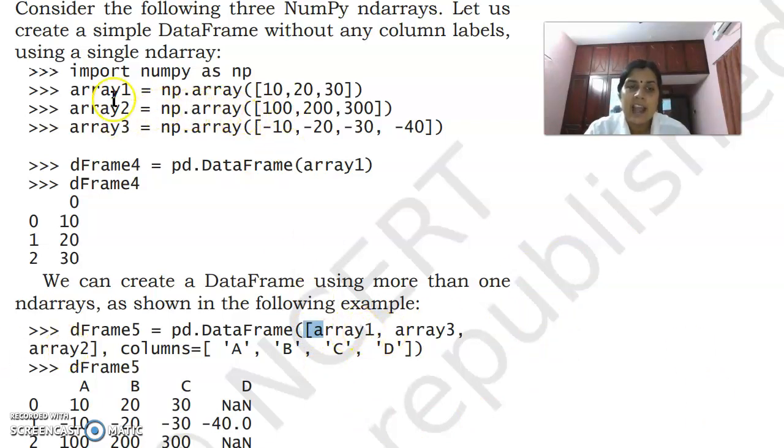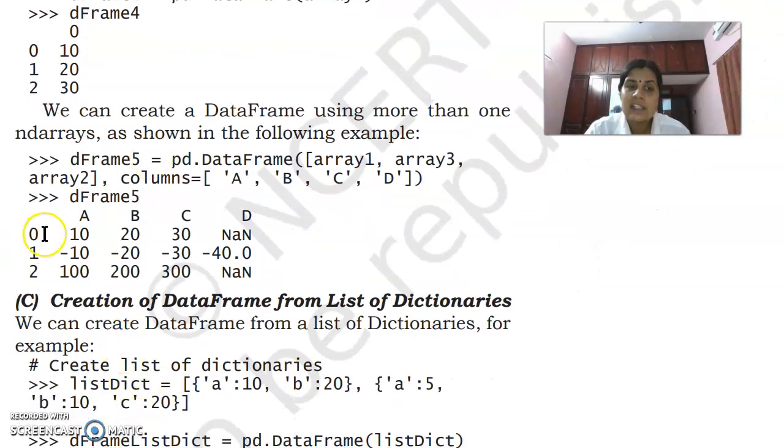Here there are three arrays, array1, array2, array3. So these three arrays are used and we can give the column names also. We will not say column name, we will call it column index. So A, B, C, D is the index. Here row index is 0, 1, 2 because by default the index starts from 0. If we want rows as F, G, H, I, we can give index equal to F, G, H, I.